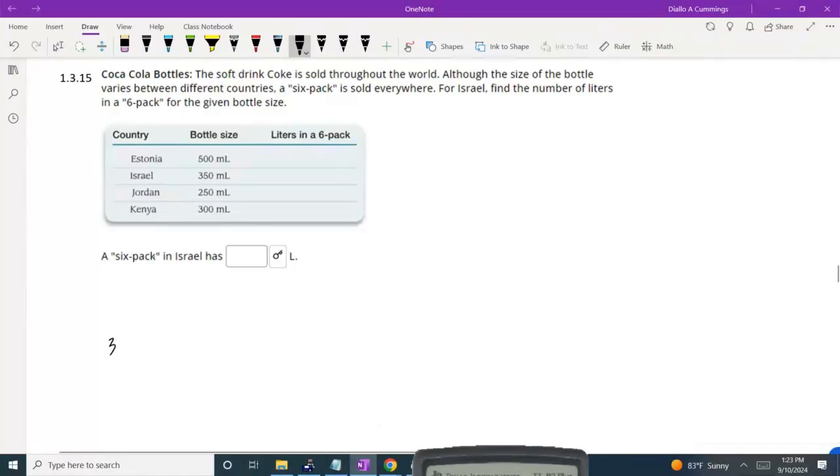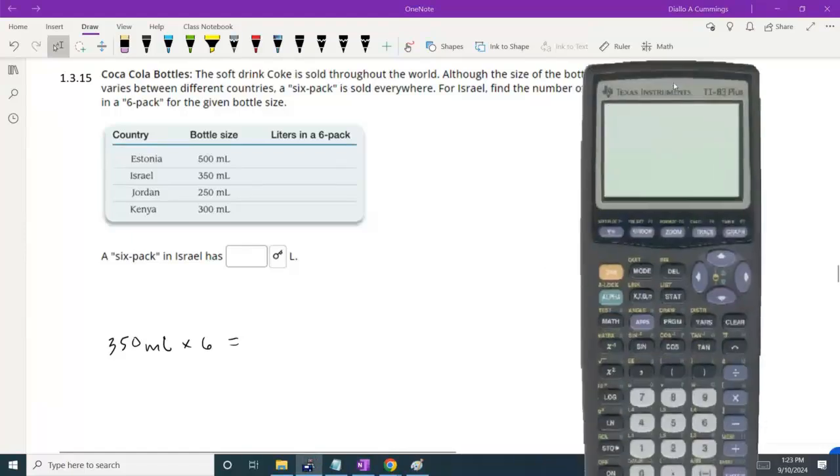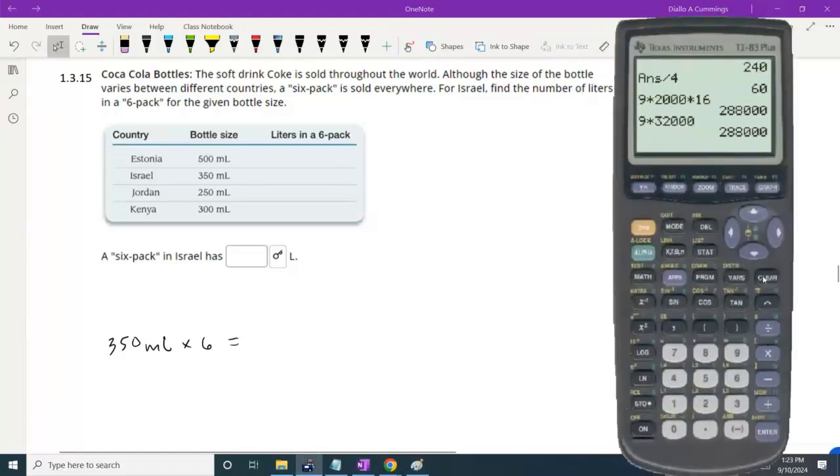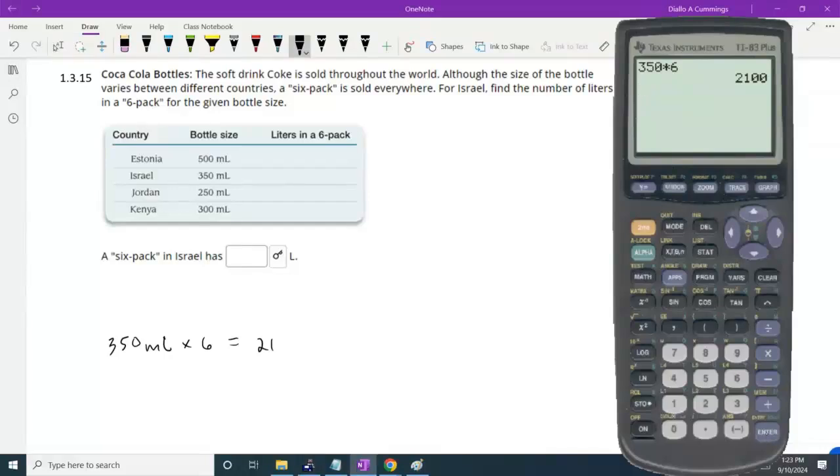So if one bottle is 350 milliliters, if we multiply that times 6, because we want to know how many liters in a six-pack, 350 times 6 is 2,100 milliliters. We have to convert 2,100 milliliters to liters. Okay.